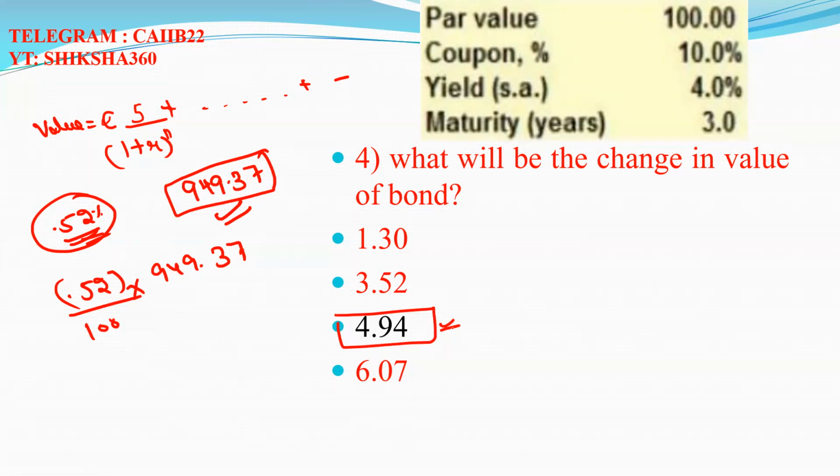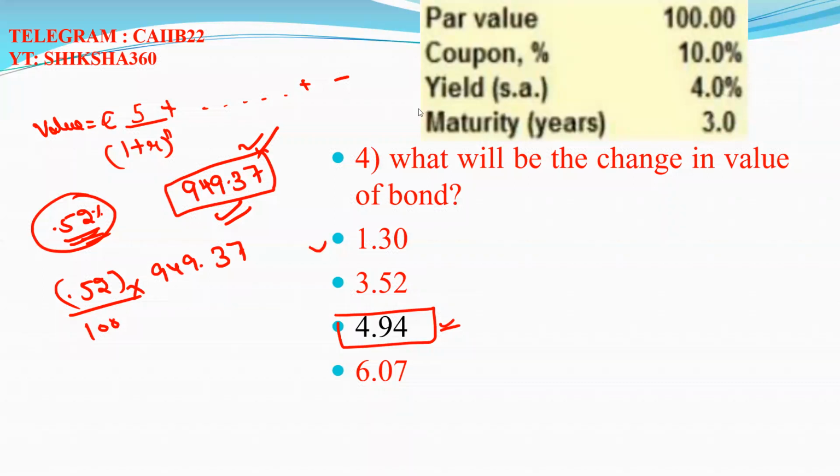If some students are facing issues with how we can get this value, we will discuss one question on that, how we are able to calculate it. I will post the solution in the group so that you are able to understand.